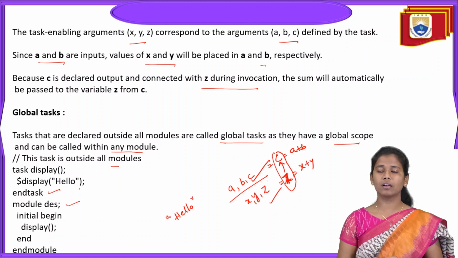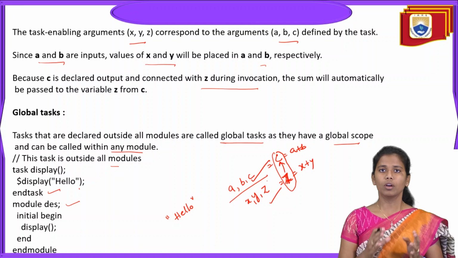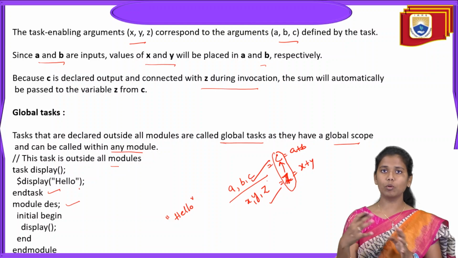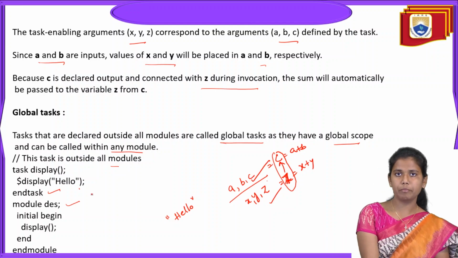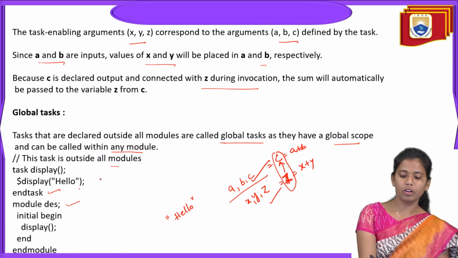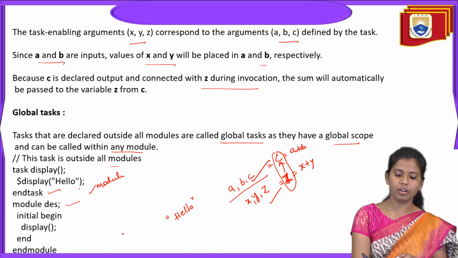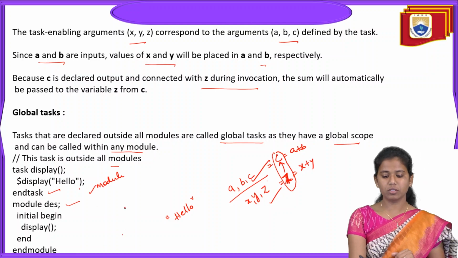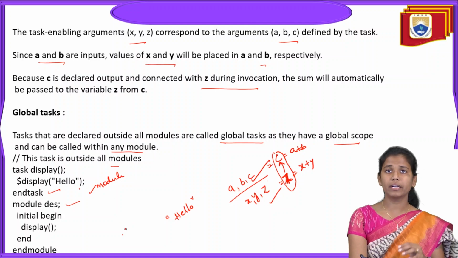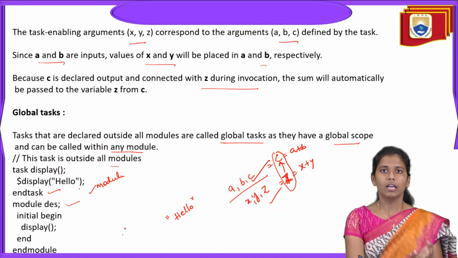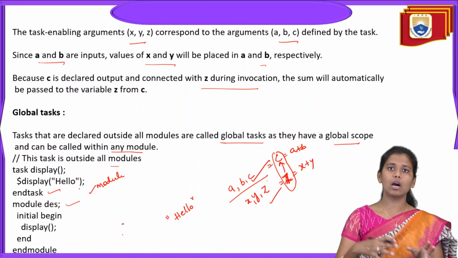As I said, global tasks are declared outside the module. So here in the example, there is no module declaration. Did you see any module here? No. But when you're writing your code, remember that we start with module and end up with endmodule. But as we are discussing the global task, remember that global tasks are declared outside the module.